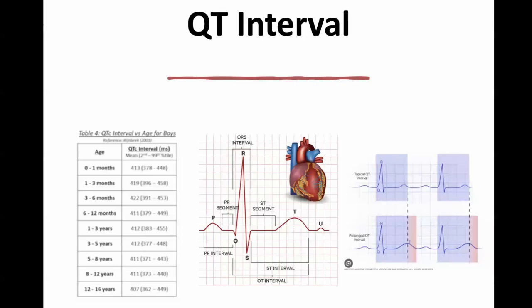The only exception is in early infancy, where it is slightly longer and can be up to 470 milliseconds as the upper limit of normal. A long QT interval is associated with serious ventricular arrhythmias with a potential for sudden death. So it is an essential part of the ECG that should not be overlooked.